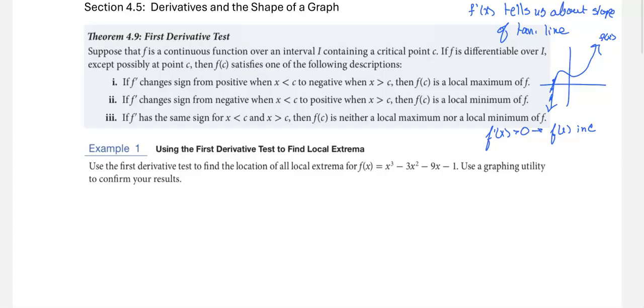Now, on this side, if you think about all those little slopes, they're all going to be negative. So if the value of the derivative is negative, so it's less than 0, then that tells us the function is decreasing. And when it's equal to 0, then we have critical numbers, and there could be a maximum or a minimum.